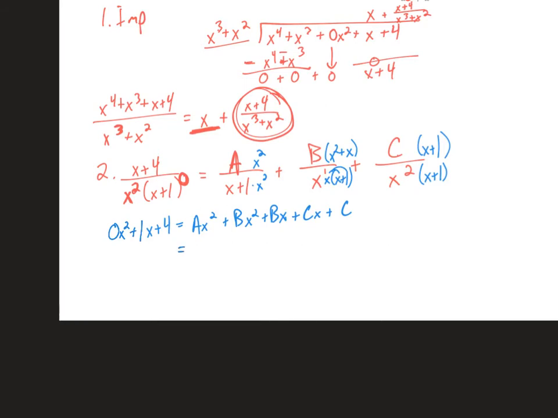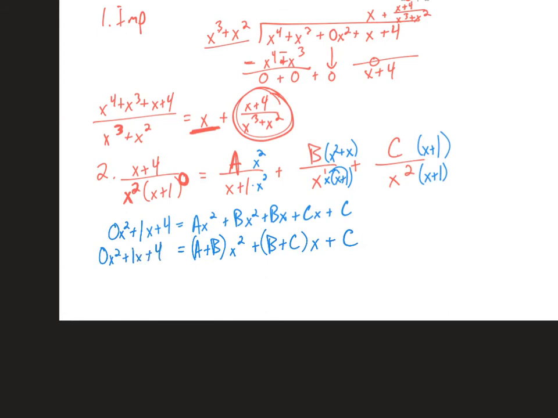So if I group on the right, I've got a plus b, those both have x squareds, plus b plus c, those both have x's, plus this plain old c is the only guy that's by itself. So 0x squared plus 1x plus 4 equals that.